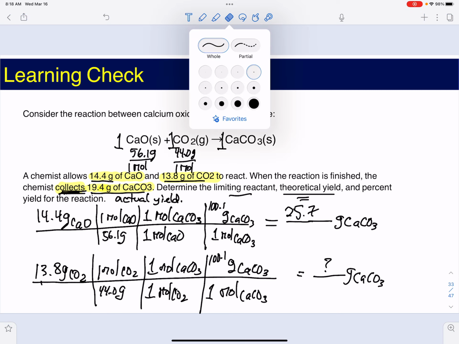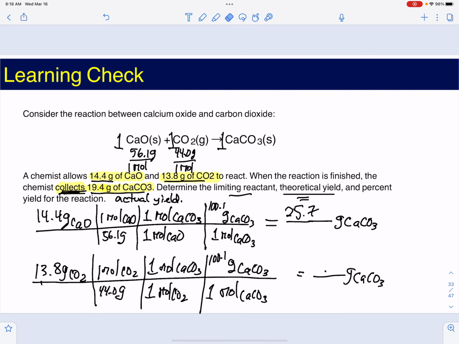So when we do that calculation, we're going to come up with, let's see how much we get. 13.8 times 1 times 1 times 100.1 divided by 44 divided by 1 divided by 1, 31.4. So the least amount is produced by the calcium oxide. So calcium oxide is our limiting reactant.